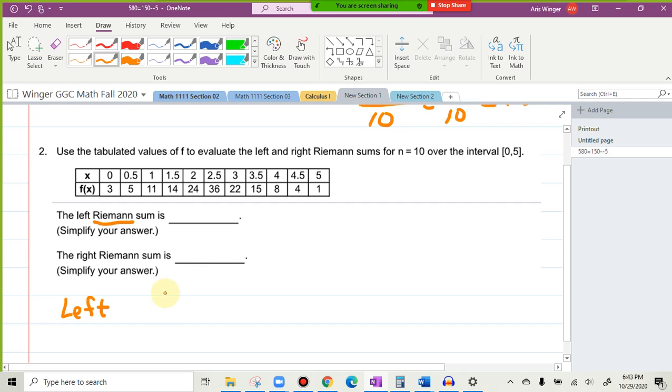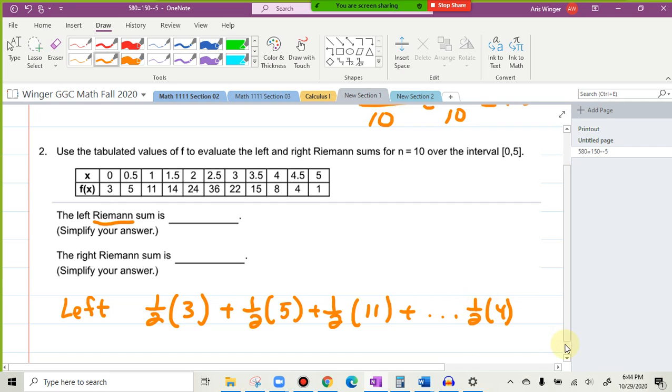The length is going to be 1/2 times, on the interval 0 to 0.5, the value at 0, which is 3, plus 1/2 times the value at 0.5, which is 5, plus 1/2 times 11, and so forth, all the way up until 1/2 times 4.